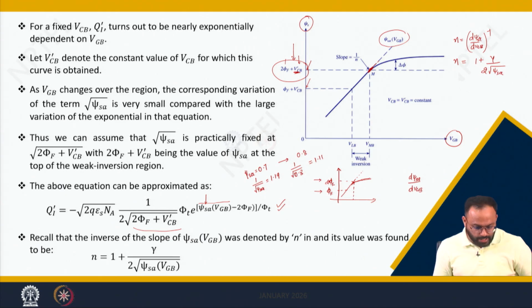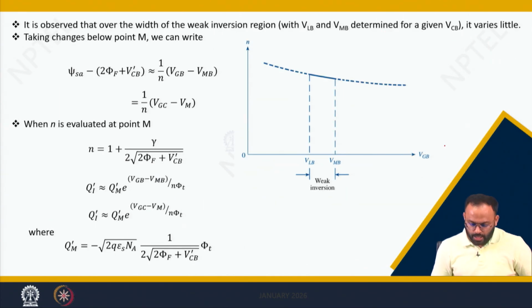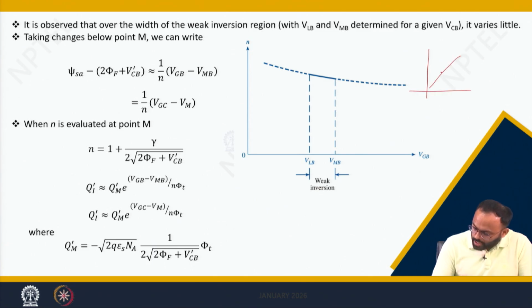Again, using the same approach, we will define the inversion charge with respect to the applied voltages. We followed the same approach to calculate the slope. At this point, this value is 2 phi f plus VCB, and correspondingly this value is defined as VMB when you are plotting with respect to gate to body voltage.